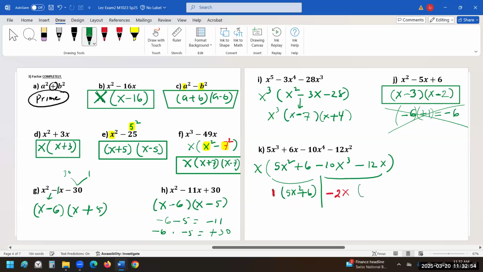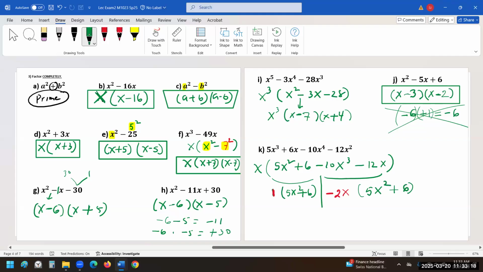Now, when you factor negative 2x out, what do you have from negative 10x cubed? 5x squared. And from negative 12x, you factor out negative 2x. What is left? Plus 6.